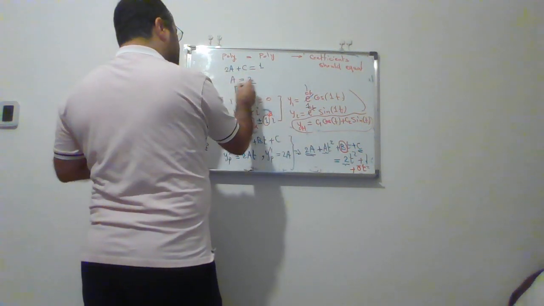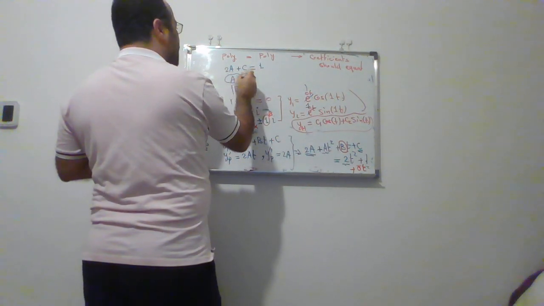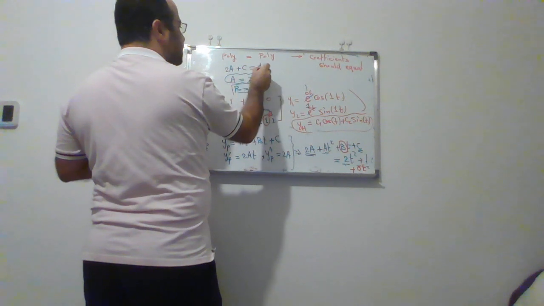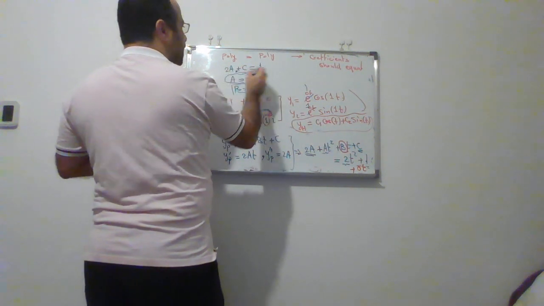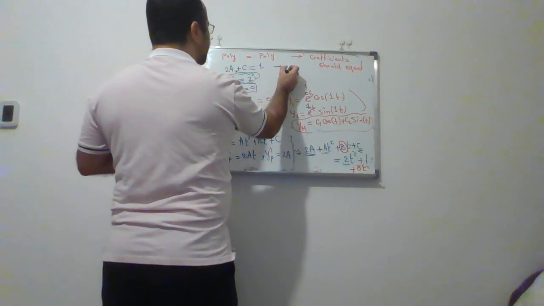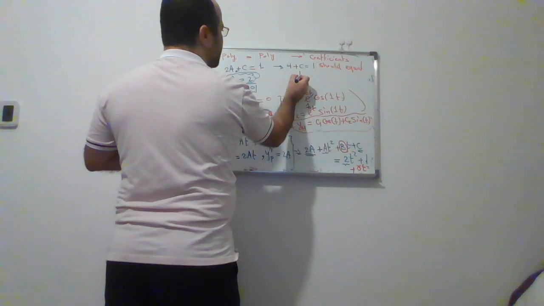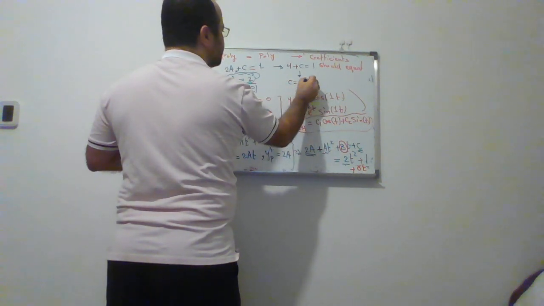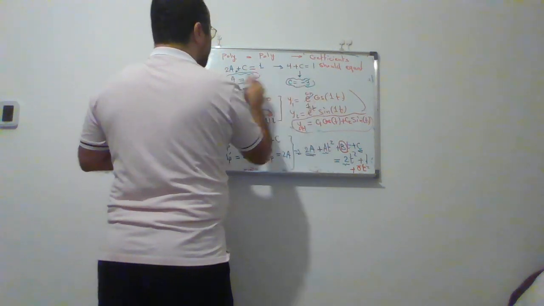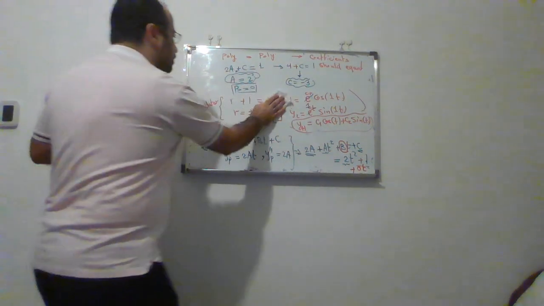Now we have b, we have a, and we have 2a plus c equals 1. I can plug in a, and from this I get 4 plus c equals 1, then c equals minus 3, right? Then I got a, b, and c, and my polynomial will be ready.